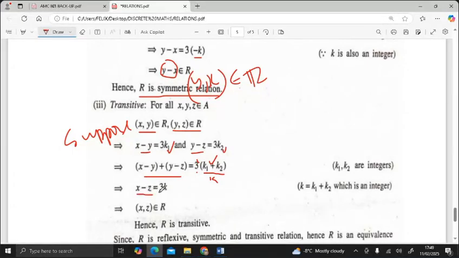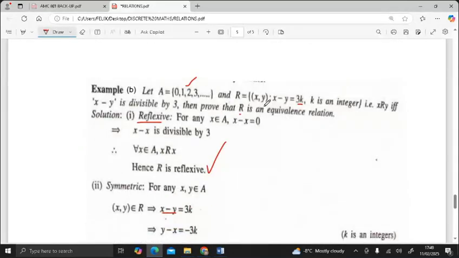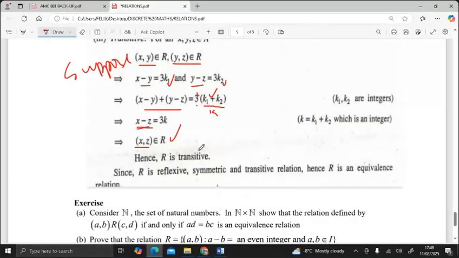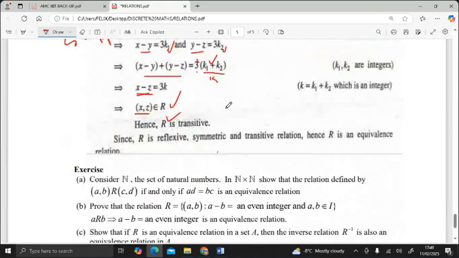Then we see what this means by the definition of the relation. We have x minus y is equal to thrice K1. We have K1 here so that we have a variation. y minus z is equal to thrice K2. Now, when we add these two on the left-hand side, the right-hand sides will be, we factor out 3, 3 times K1 plus K2.